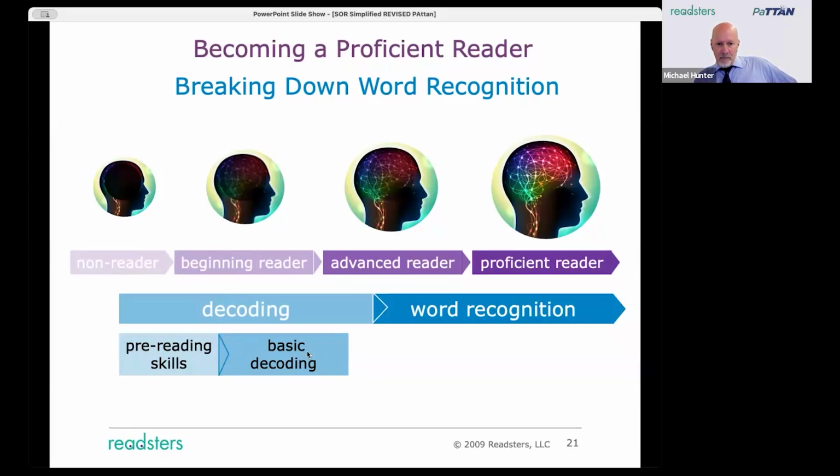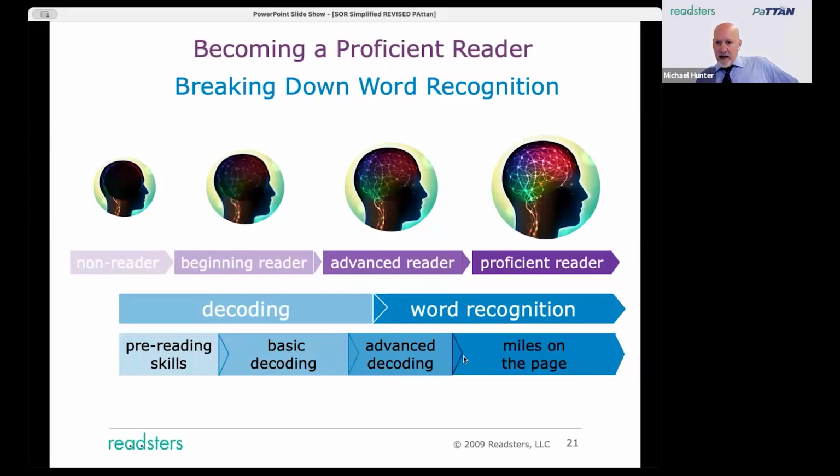And once we've laid the pathways in the brain down here and started to develop automaticity, then we start bringing in typically some more complex vowel spellings, more complex spellings, and longer words, and then even some morphology. And that moves us into the word recognition stage. And then after that, once we've been exposed to and practiced all of the elements of the phonics realm, it's what I call the miles on the page stage, where it's just read, read, read. And as you read, you learn more words, you learn more vocabulary, you develop more language, and it all just continues to grow.